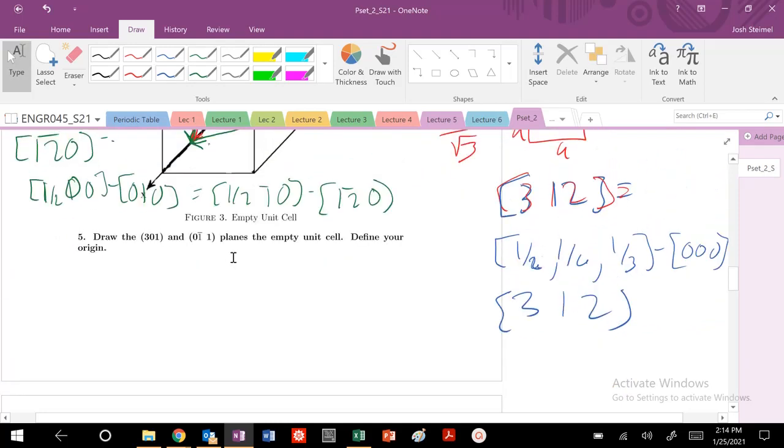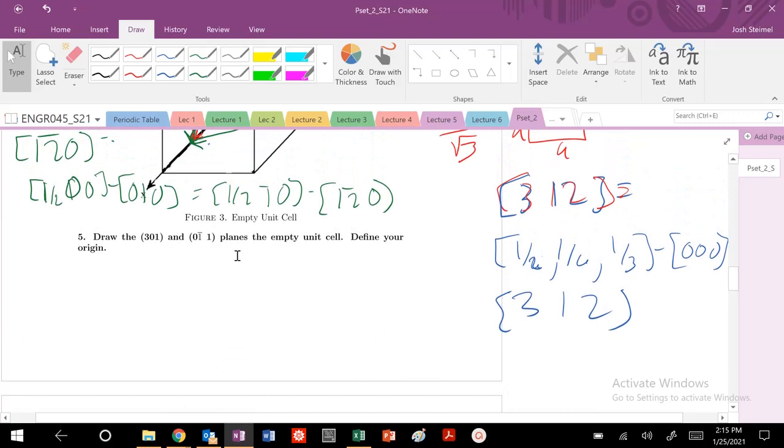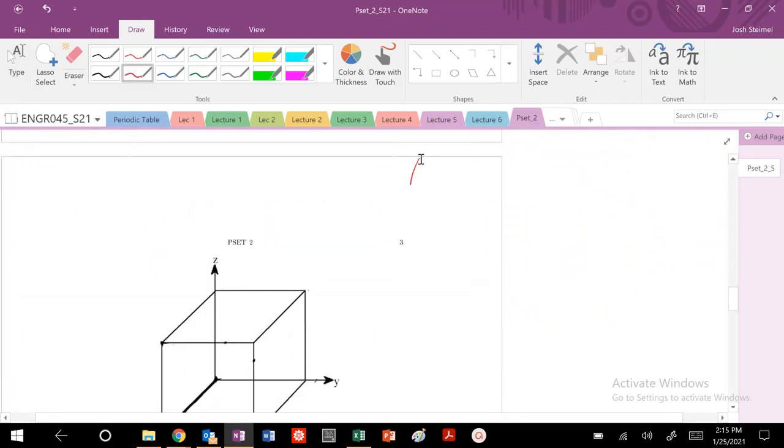Now we're asked to draw the planes 3, 0, 1 and 0, -1, 1. Defining our origin, let's do this one first. 3, 0, 1. My intercepts are the inverse. So I'm going to have an x-intercept of 1/3, a y-intercept that's parallel, so infinite, and then a z-intercept equal to 1.